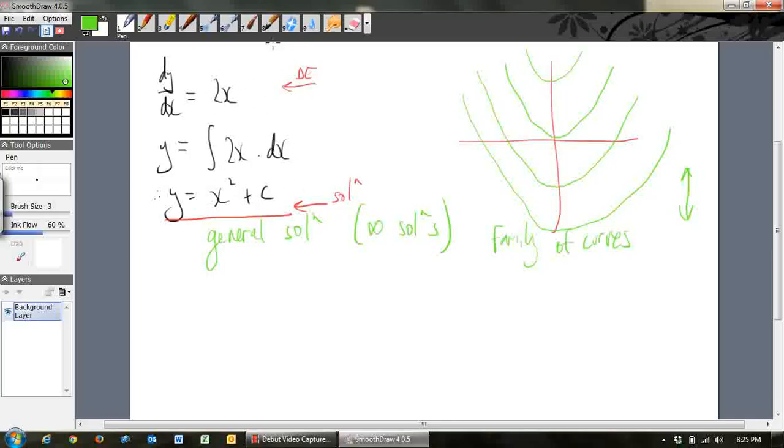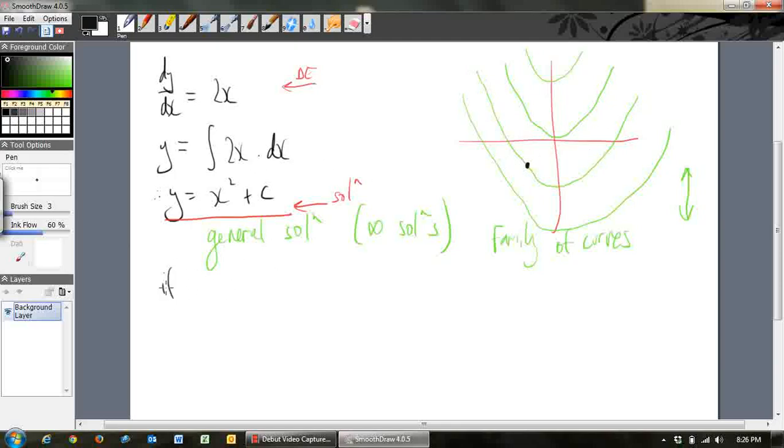Okay, and so if you want to nail down which exact solution is the answer, then what we need is a point. So if we can say which point the curve goes through, we could say, well, actually it goes through this point. The solution goes through that point.